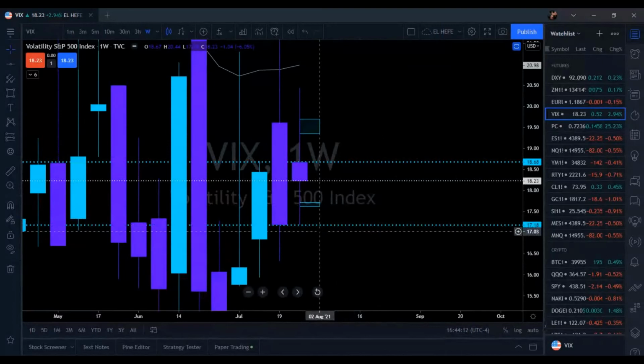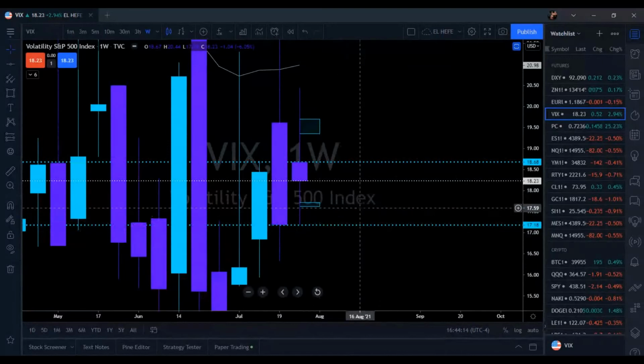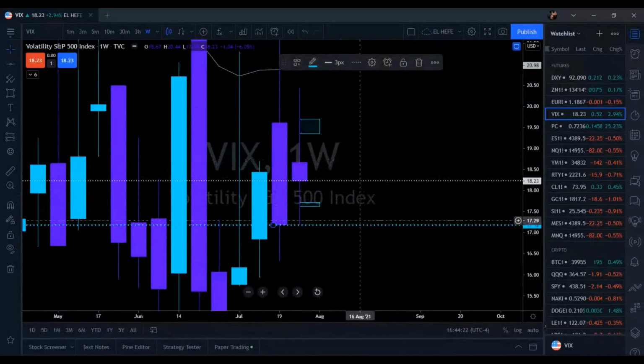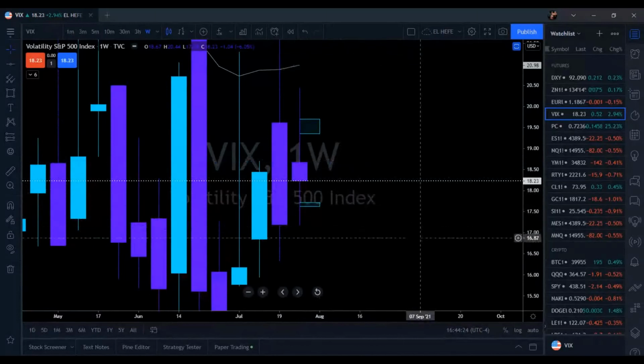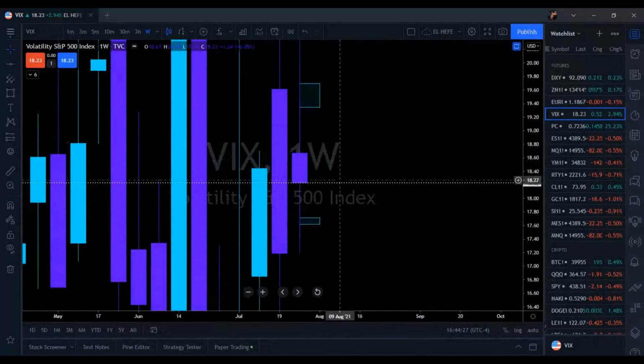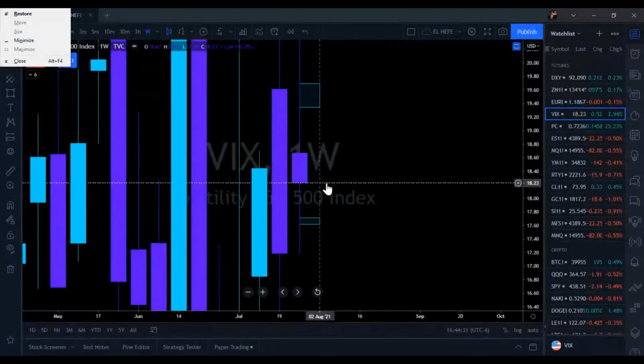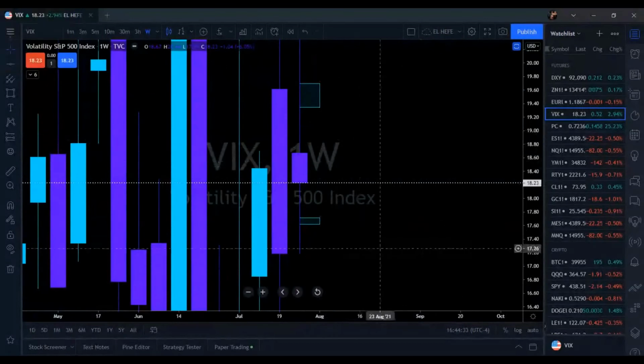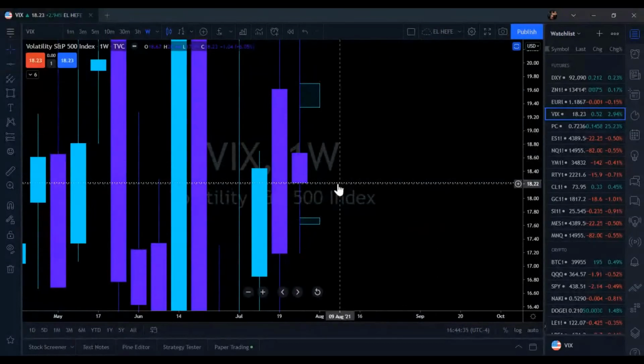I want to make that crystal clear because it could get confusing, right? So if I'm drawing this upcoming week's levels, I'm gonna put a line at the close of this week.